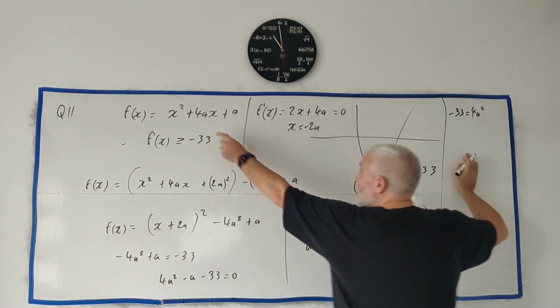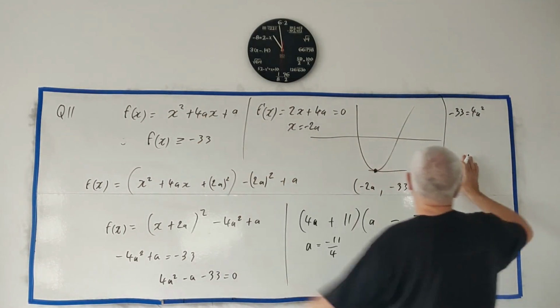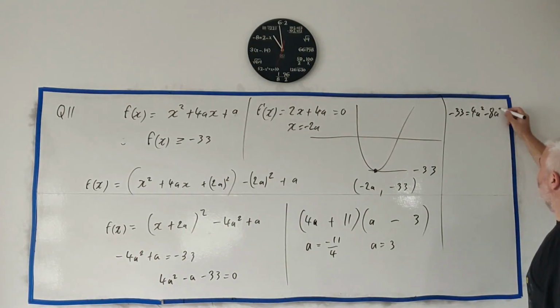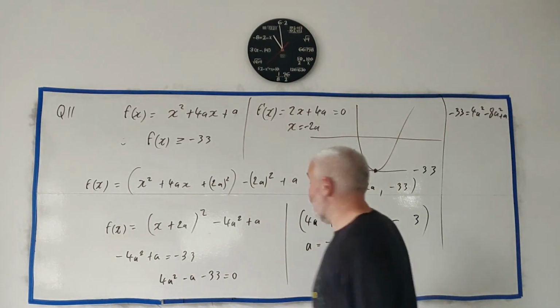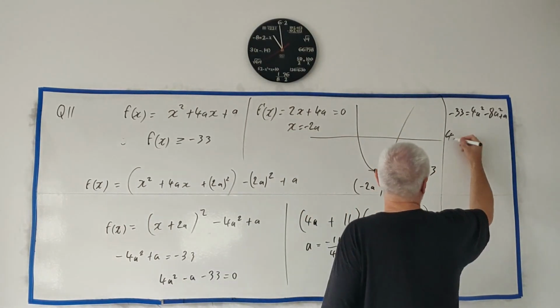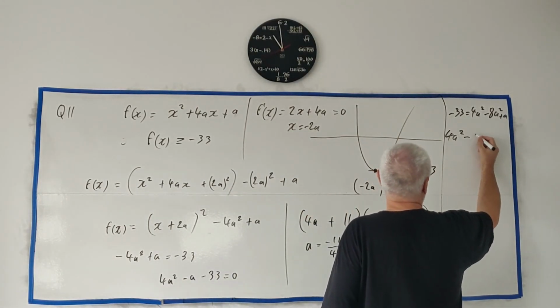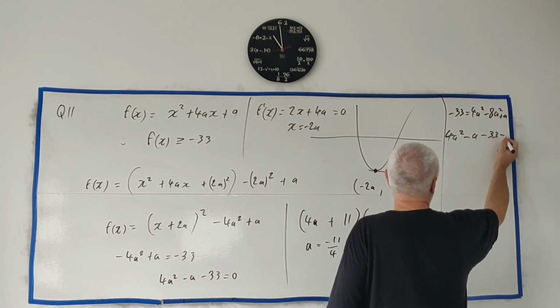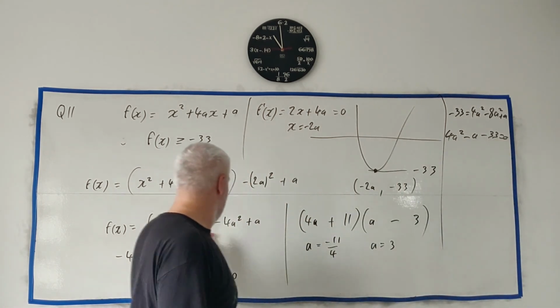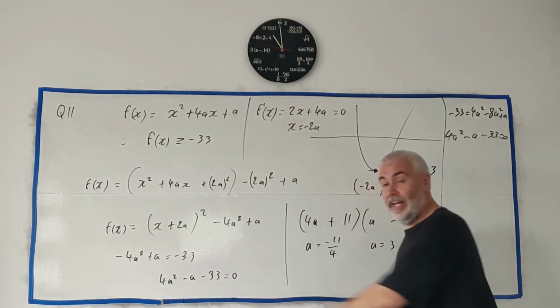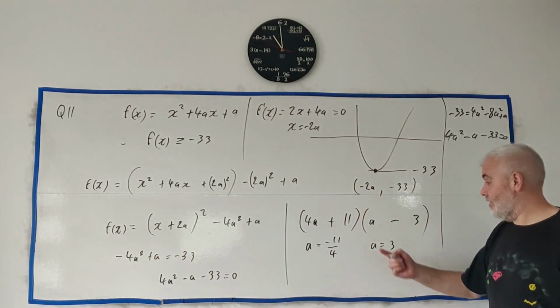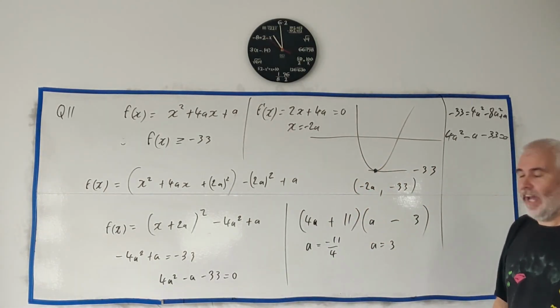And minus 2a multiplied by 4a would be minus 8a squared, and a plus a, which I'm not sure, hopefully you can just about see. Rearrange all this, we'd get 4a squared minus a minus 33 equals 0, which is the same as this function, same as this, get the same answers as that.